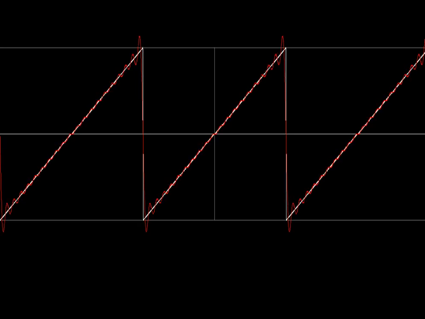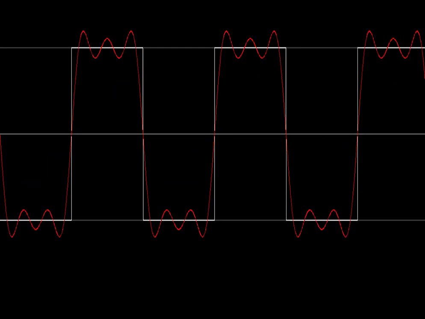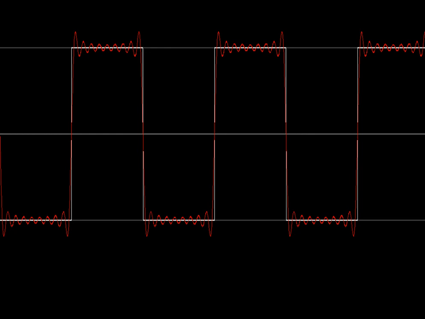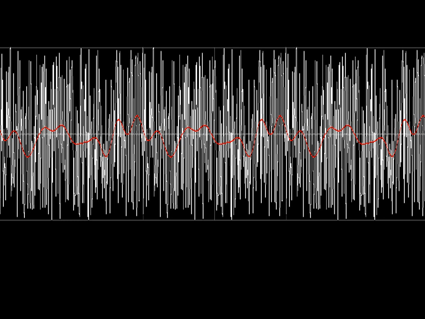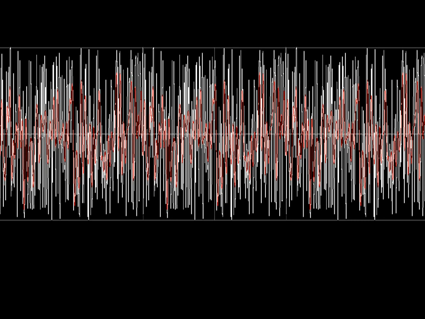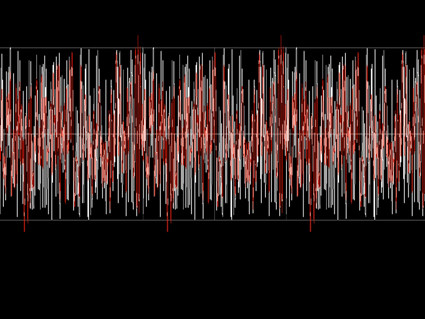Next, consider a rectangular wave. If the number of terms increases, you get the accurate figure. Next, consider a noise wave. If the number of terms keeps increasing, we will get a fine sharp figure.